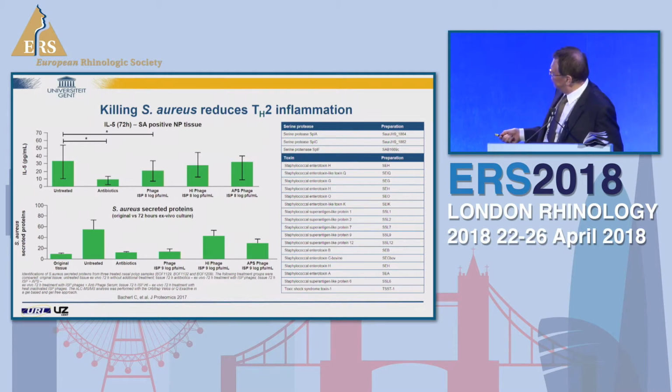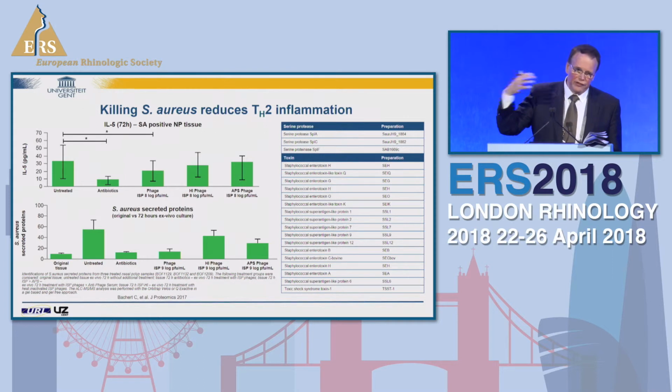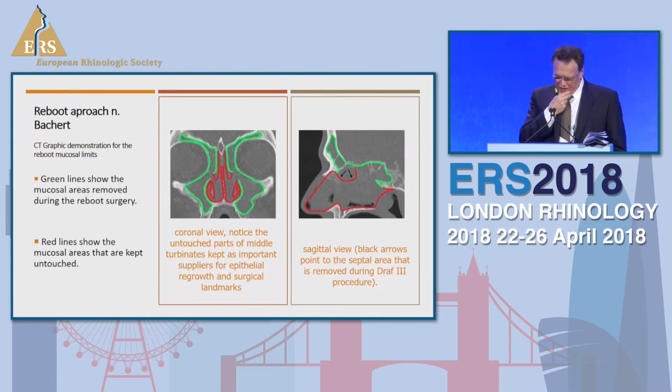You see much less products of Staphylococcus in the polyp, and this is a list of different proteins. Again, I will not go into detail, but the principle is that we do not just have a problem with inflammation, with the lack of defense, no interferon gamma against viruses, no good defense against bacteria, but really we have the bacteria in the nasal polyp.